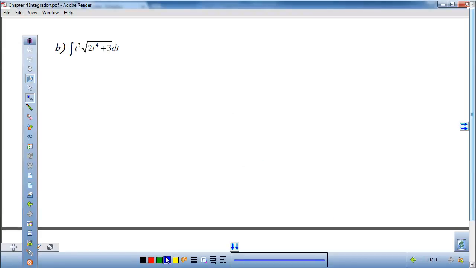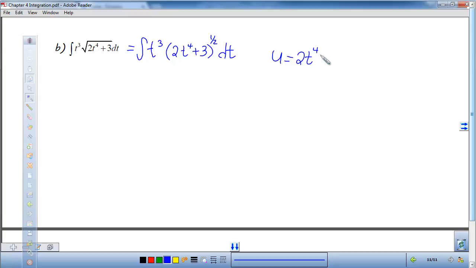So I'm going to first rewrite this as t cubed times (2t to the fourth plus 3) to the 1/2 dt. And I'm going to let u equal 2t to the fourth plus 3. Then du is going to be 8t cubed dt.